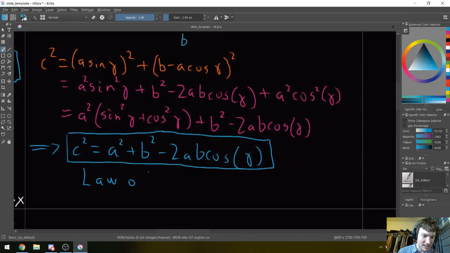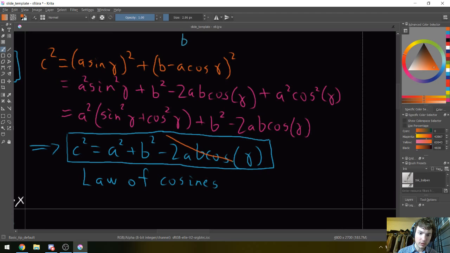All right, well, this is a generalization of the Pythagorean theorem when the triangle is not right. So you can see what happens if I plug in gamma equals 90 degrees, or pi over 2. What's cosine of pi over 2? Oh boy, that would be 0.